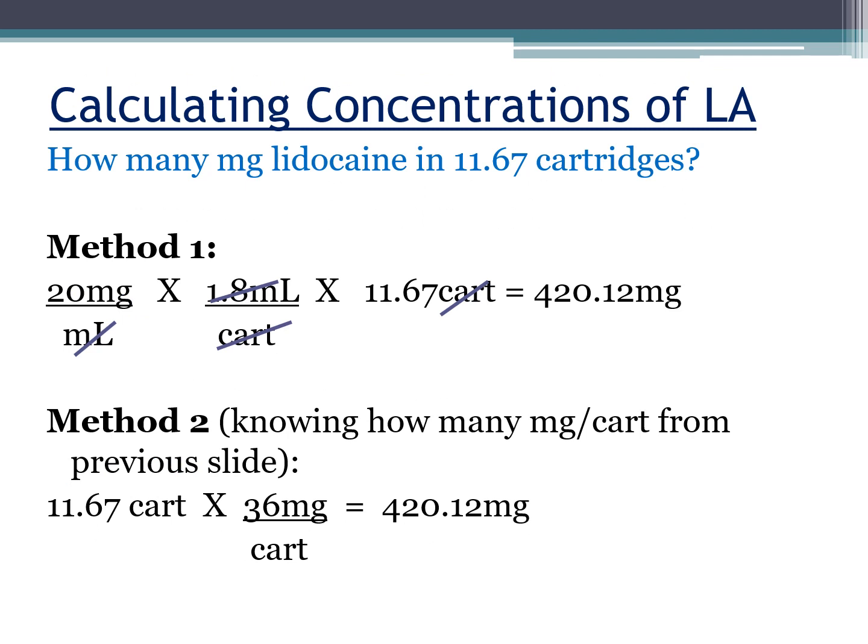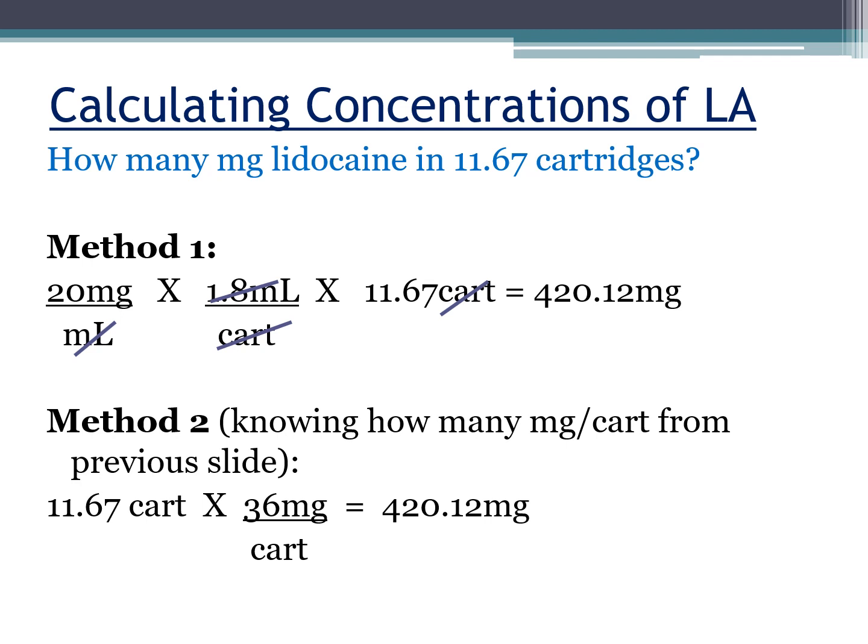So if you want to calculate concentration of local anesthetic, how many milligrams of lidocaine are in 11.67 cartridges? Method one: you take 20 milligrams per mL, multiply it by how much is in the cartridge, 1.8 mL per cartridge, and multiply it by 11.67 cartridges, and you will get 420.12 milligrams of lidocaine in 11.67 cartridges.